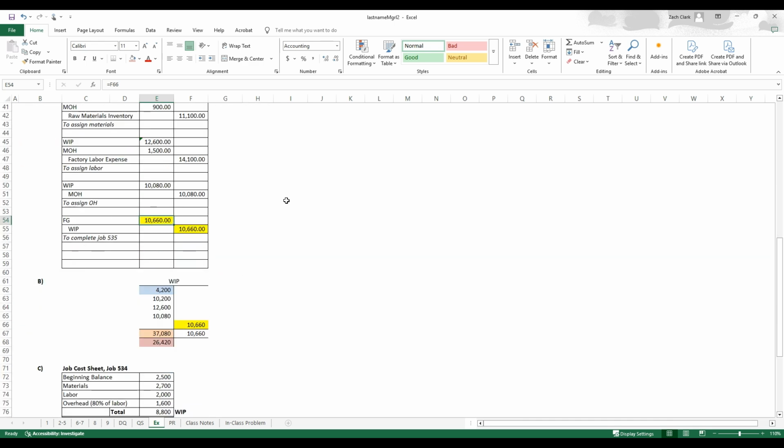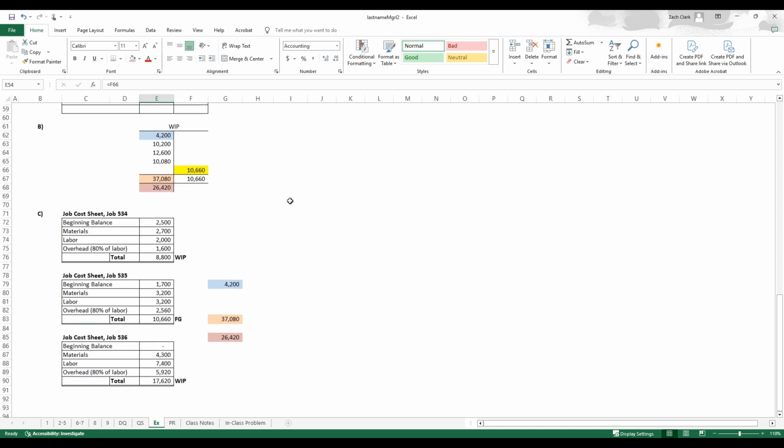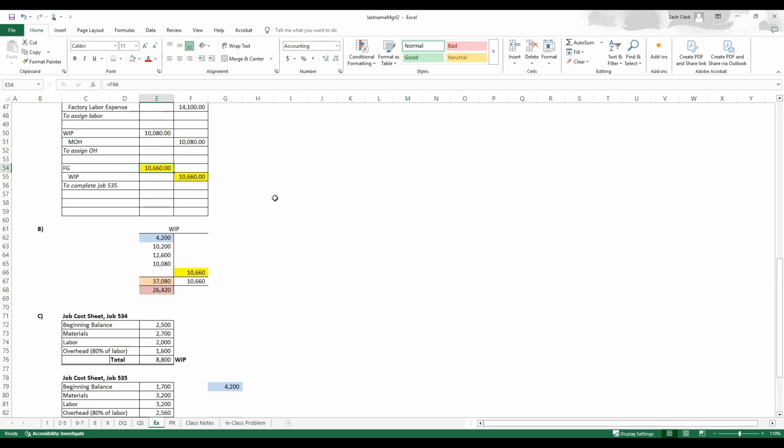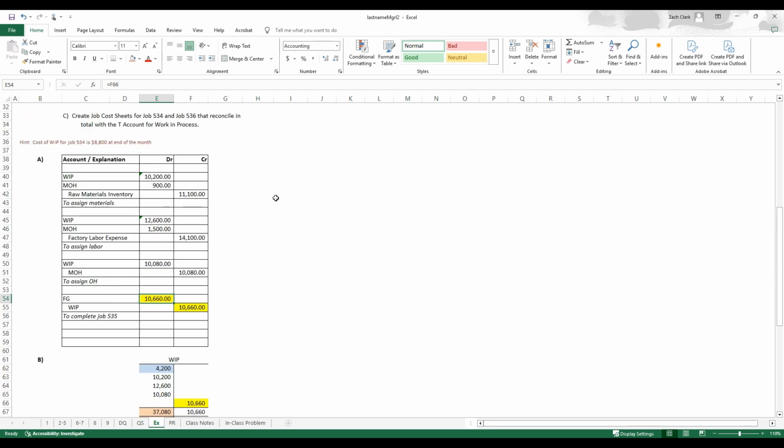And then the only other thing you could look at, if we wanted to close out, which this problem doesn't ask us to do necessarily, is our manufacturing overhead. Then we would need to know, let's see, what would we need to know? I think we have enough probably to go through.